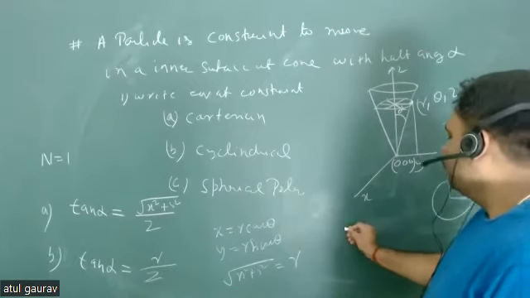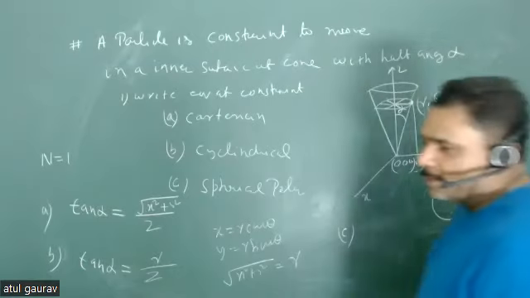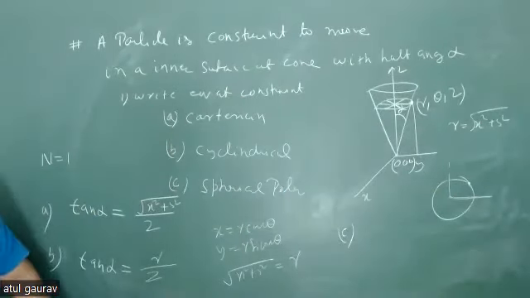Now, can you please tell me what will be the equation of constraint in a spherical polar coordinate? I am giving you 30 seconds. Tell me, what will it be?